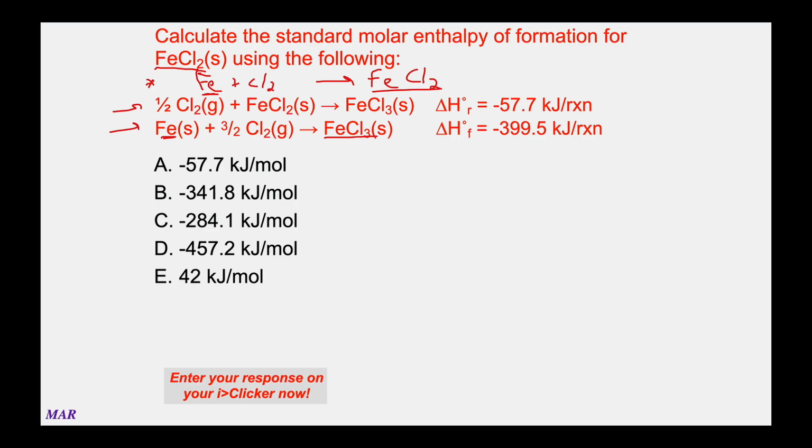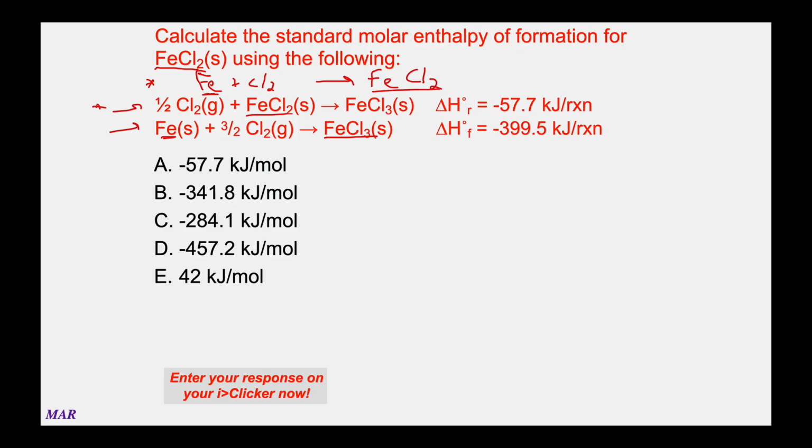And the first equation has FeCl2, but it's a reactant. We want to have FeCl2 as a product. So I know right away on that equation, we're going to have to flip it around. We're going to make the 1/2 Cl2 and FeCl2 products, and FeCl3 will become a reactant.